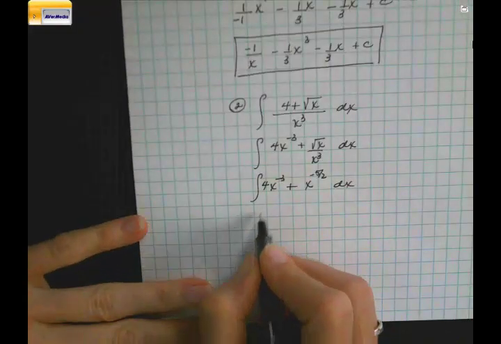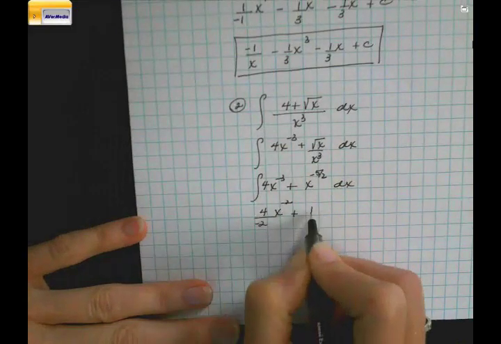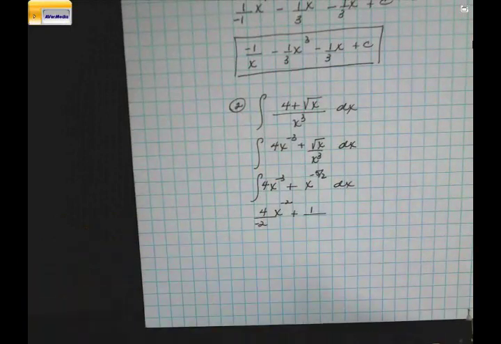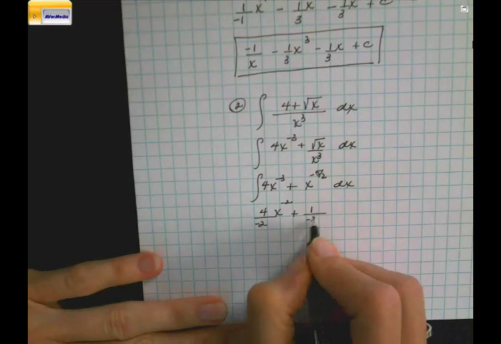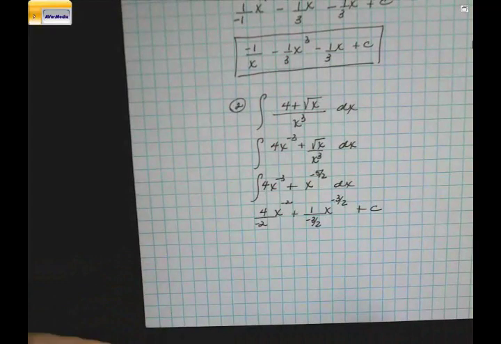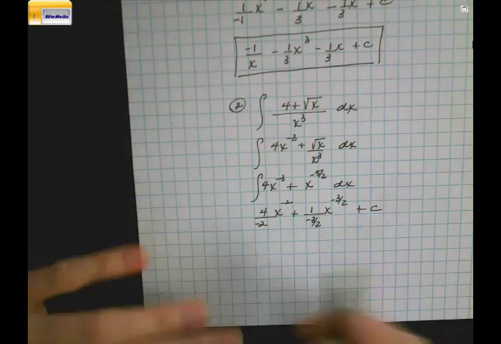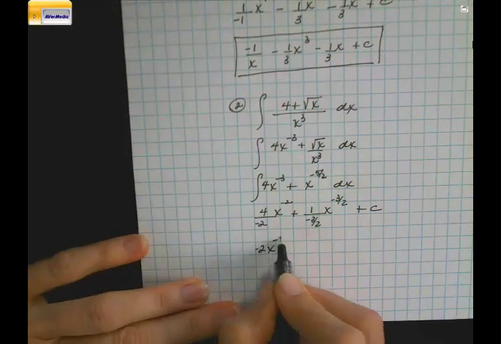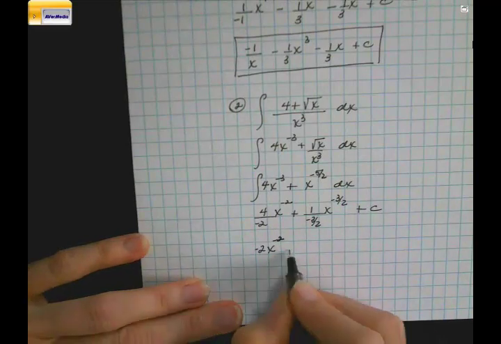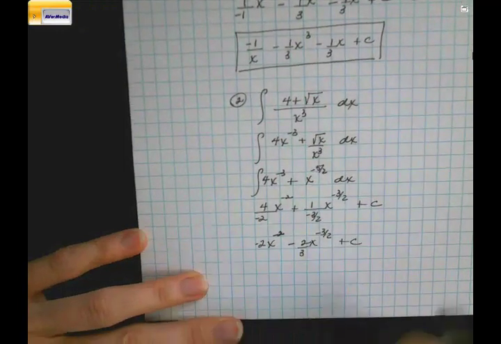Okay, so this becomes 4 over negative 3 plus 1, which is a negative 2. And 1 over a negative 5/2 plus 1, which is a negative 5/2 plus 2/2, which is a negative 3/2. So this is a negative 2x to the negative 2 power minus 2/3 x to the negative 3/2 power.